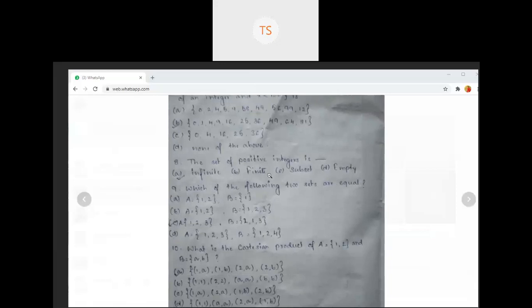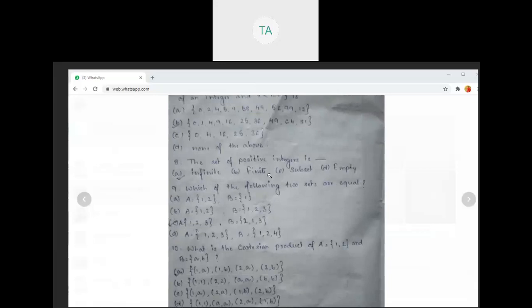First one is the sets must have the same number of elements, and the elements must be the same. So here option C is the correct option. Why is it correct? What is the reason behind option C? Why are they equal sets?